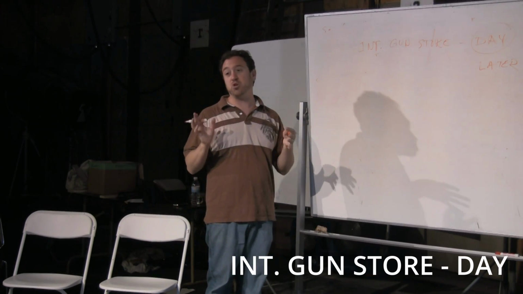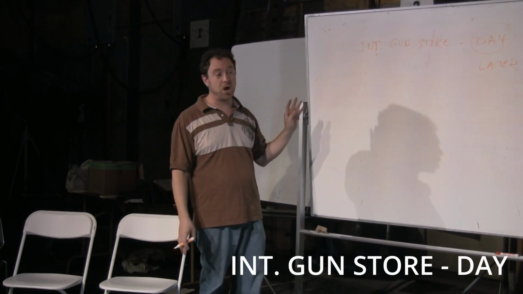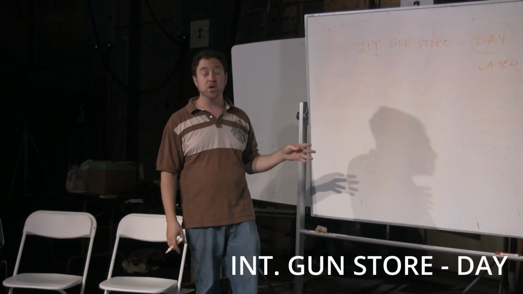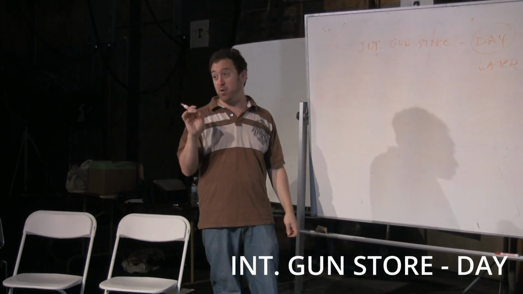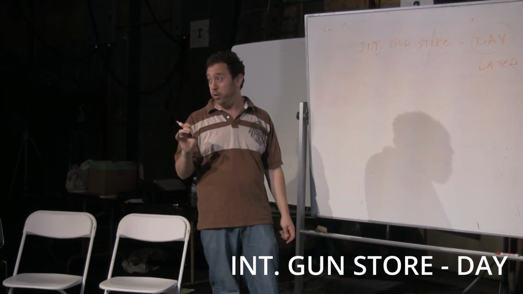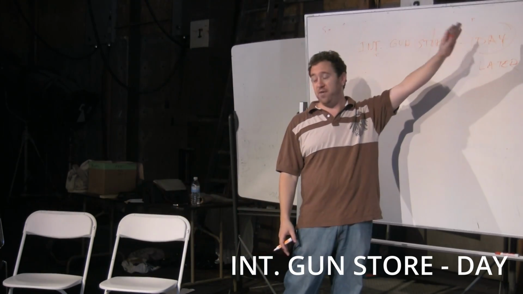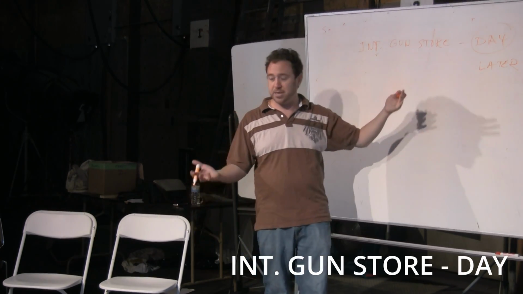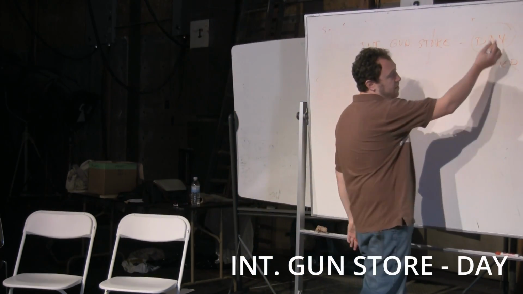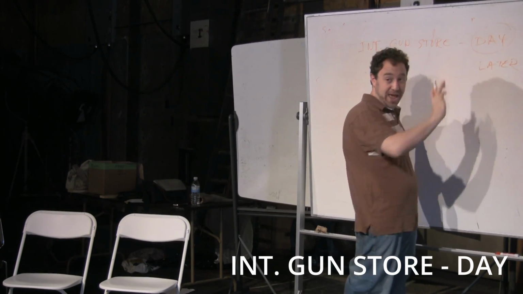These things are not really that helpful, and they only make it more complicated later when you're trying to break down your script. So you want to keep it as simple as possible, unless it's relevant. If it's very important to your story that it happened at dawn, then yeah, you would put dawn. If it's just that it's not dark out, it's light out, then you put day instead of night. So again, keep that time fairly simple, but it's very important to have that.